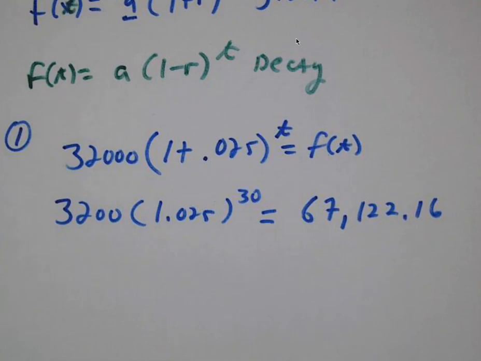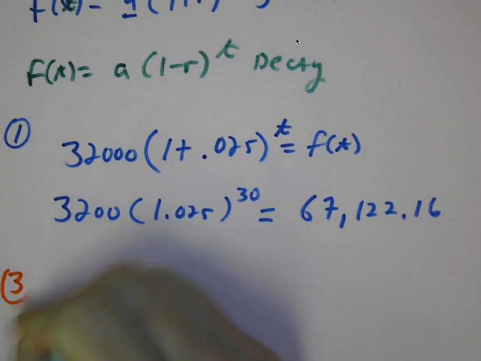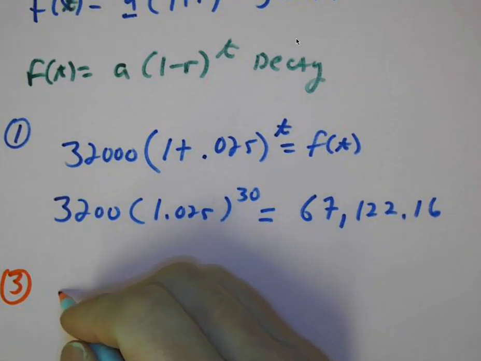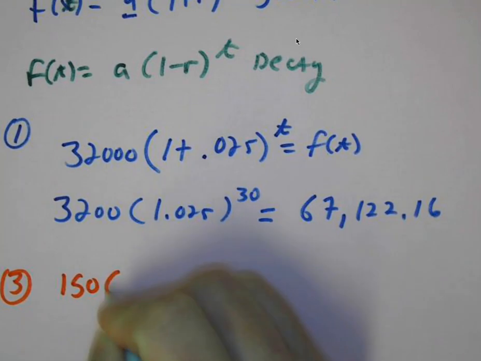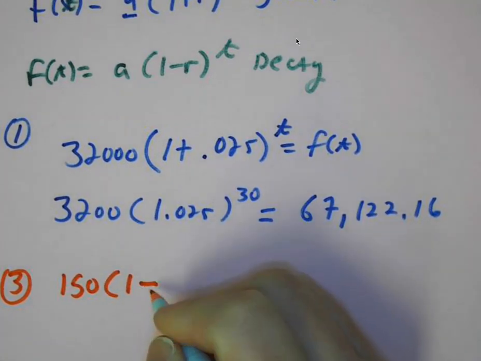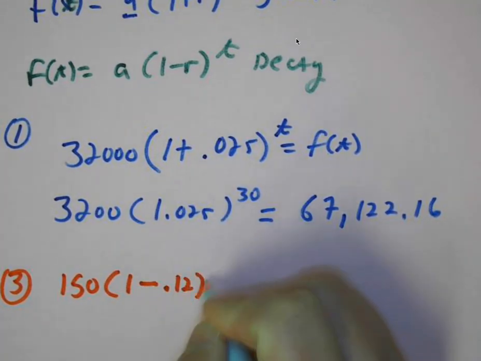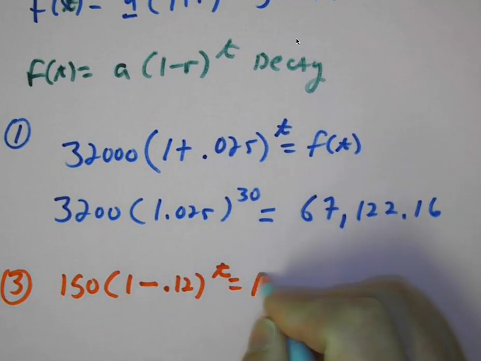Number three, it says something like Kate drank an energy beverage with 150 milligrams of caffeine. Each hour, the amount of caffeine in her system decreases. So what does that mean? Decreasing. Well, you start with 150 milligrams, and this is going to be one minus the 12%, so 0.12, taken to the t, and that's equal to f of t.